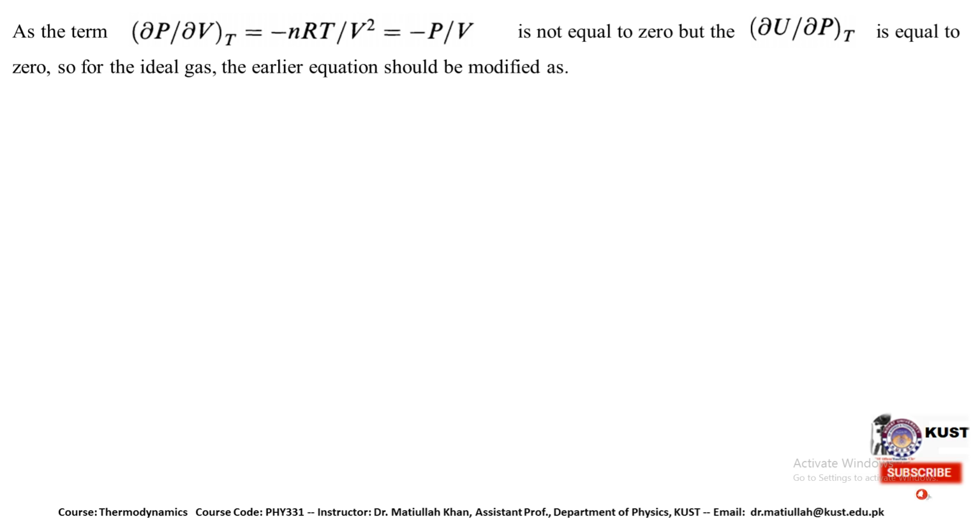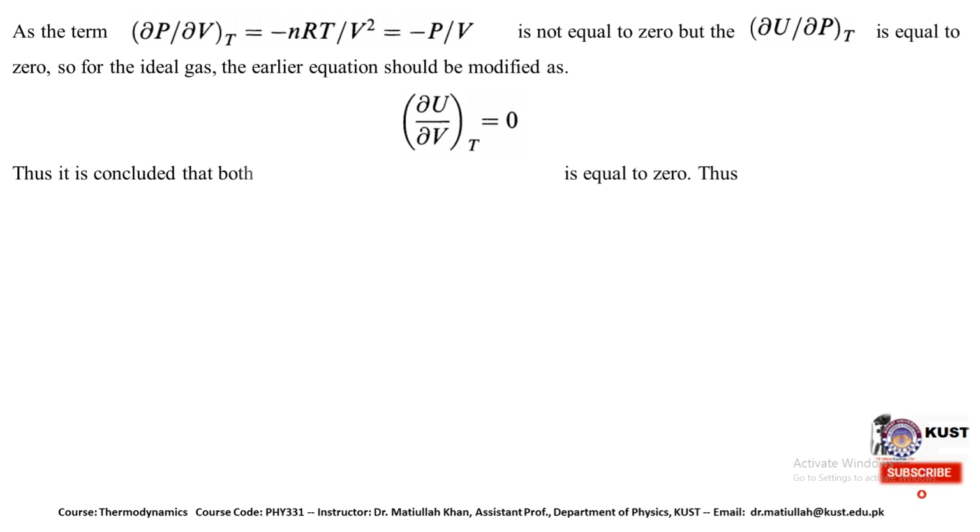So for the ideal case, the earlier equation should be modified: the change in U with respect to V at constant temperature is equal to 0.